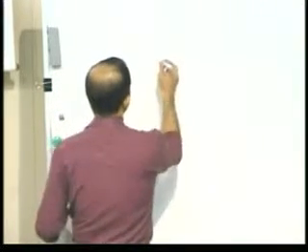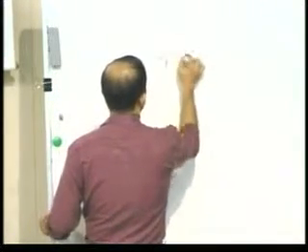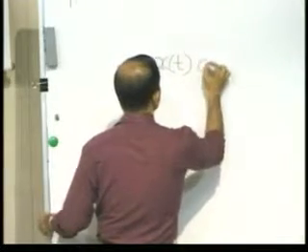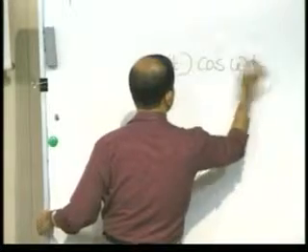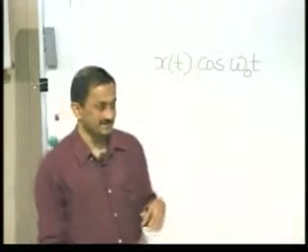Now, the next principle that we need to derive in the context of the Fourier transform is what happens when we multiply a function by not a complex exponential but a sine wave. So suppose we take x(t) and multiply it with a carrier, cos omega naught t.